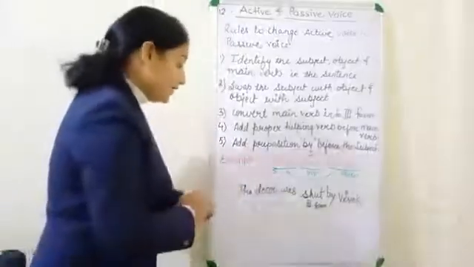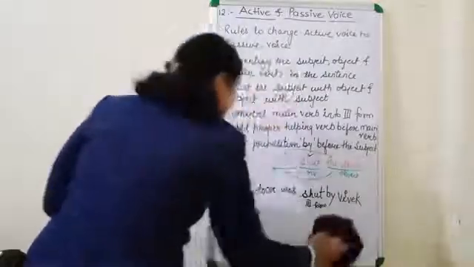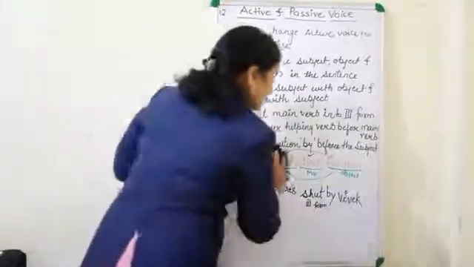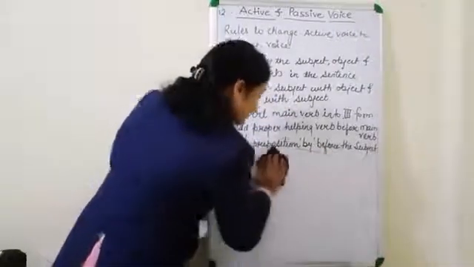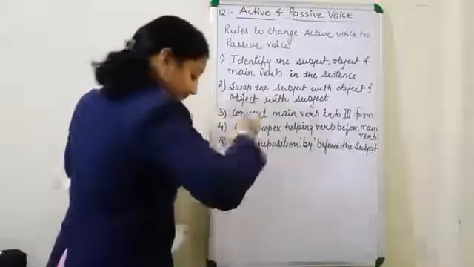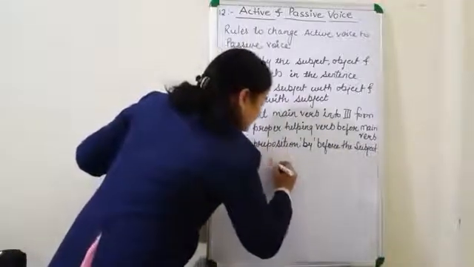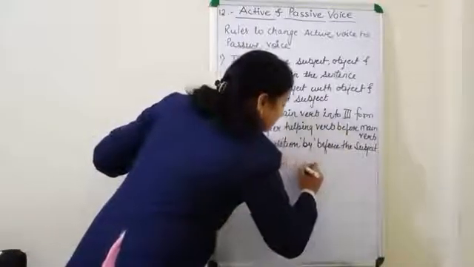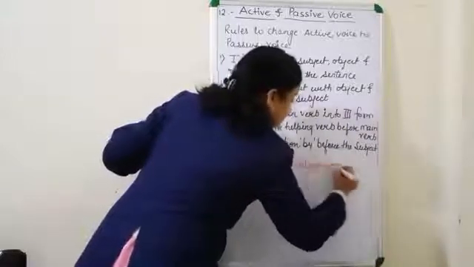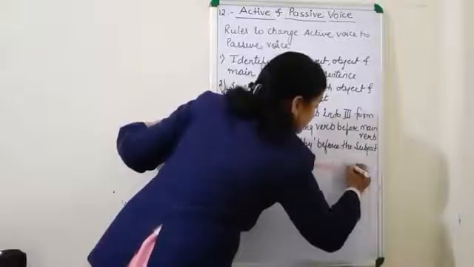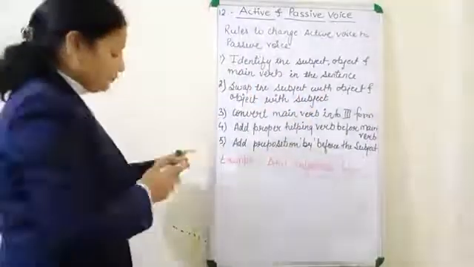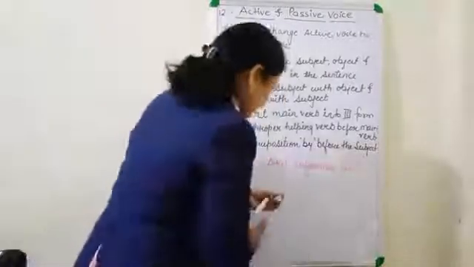Now, see one more example that I have just written: Atul informed him. Now I'll tell you that him will be changed into he, and this we will do afterwards.